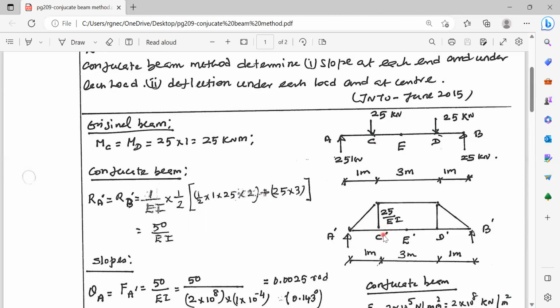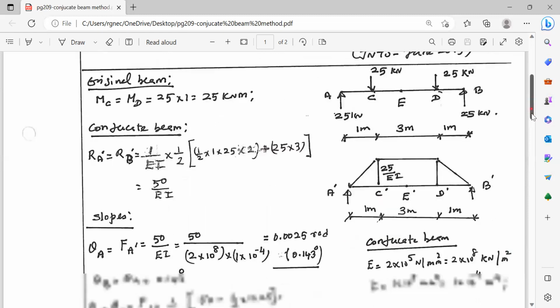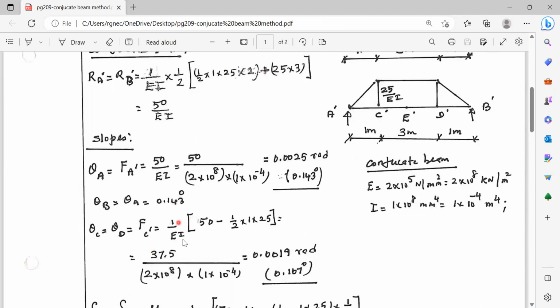So what is the shear force? One shear is due to RA and the other shear is due to this triangular load. RA minus this triangular load will be the shear force at C dash, and that will be equal to theta C. 1 by EI is common, RA 50 kilonewton minus the effect of this triangular load. This is upward, this is downward, 1 by 2 into 1 into 25.